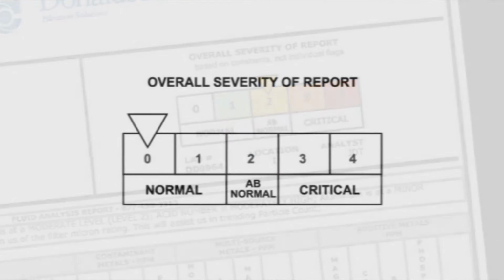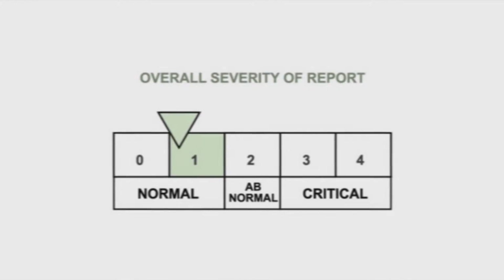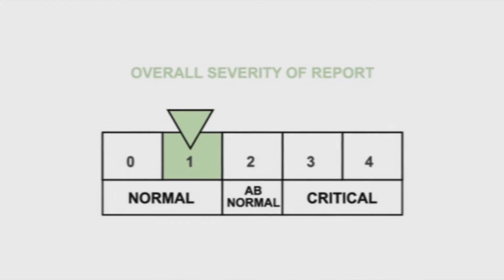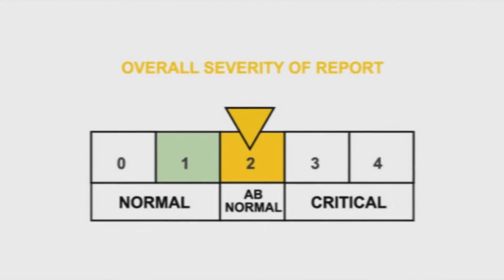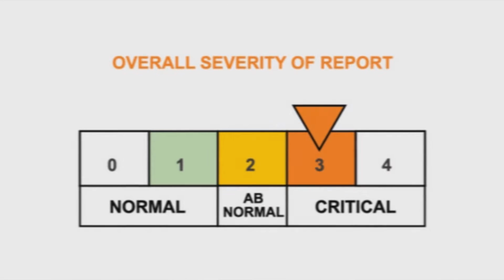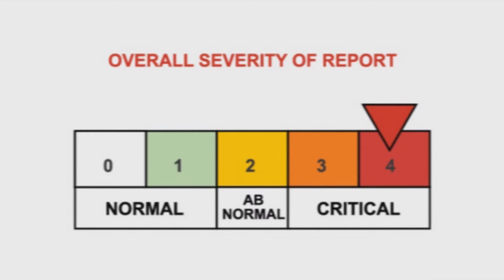On the report, 0 is normal. 1 means that at least 1 or more items have exceeded initial flagging points but are still considered as minor. 2 means a trend is developing, and 3 indicates that simple maintenance and/or diagnostics are recommended. 4 denotes that failure is imminent if maintenance is not performed.